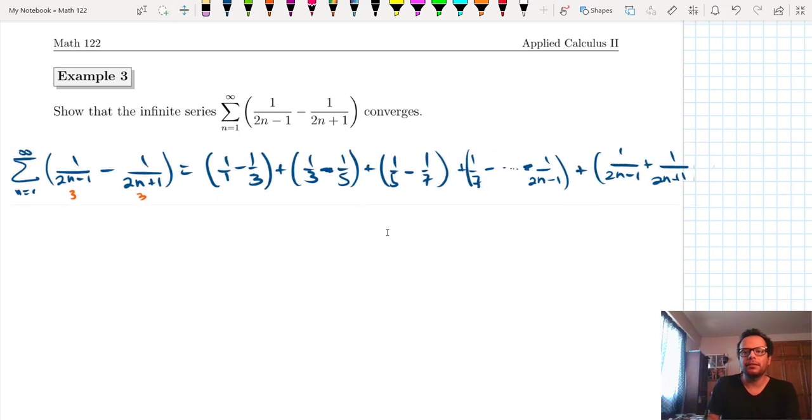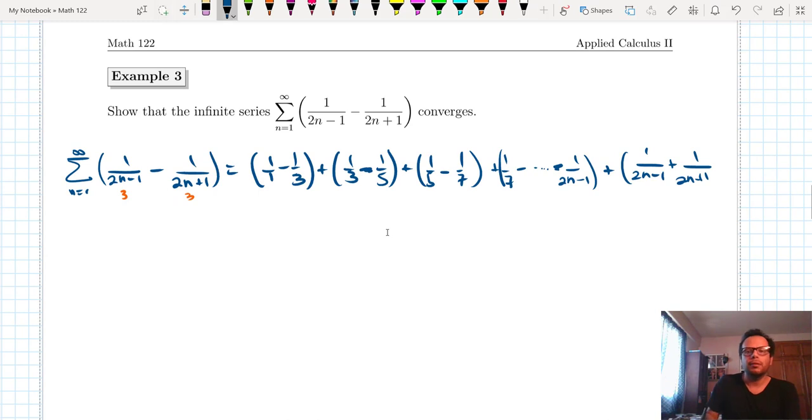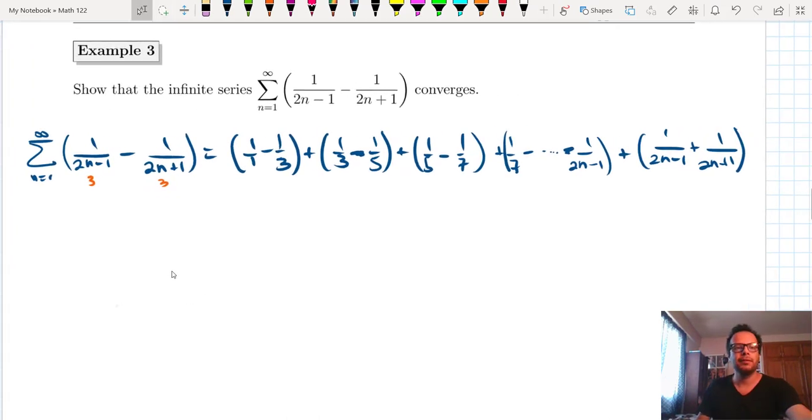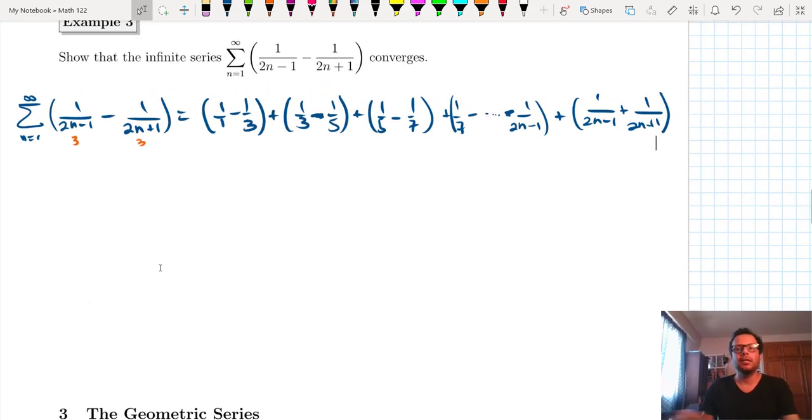So here, the 1/3 cancels the 1/3, the 1/5 cancels the other 1/5, and so on and so forth. See how these cancel? Again, that's how a telescoping series behaves.